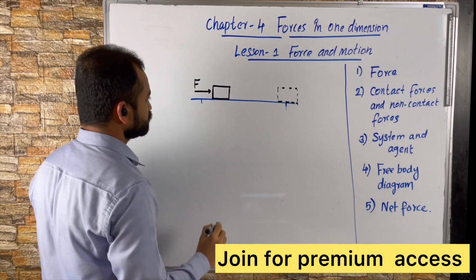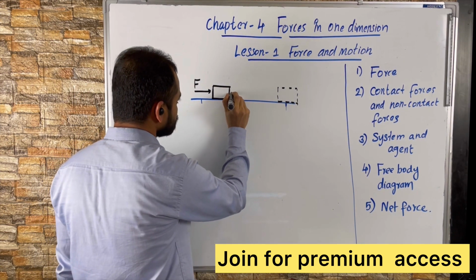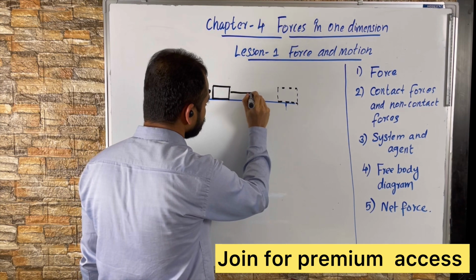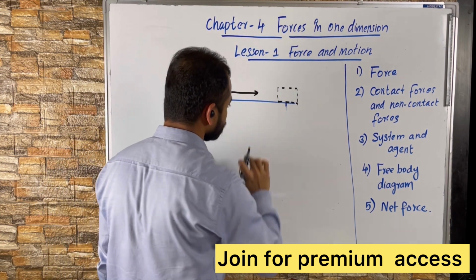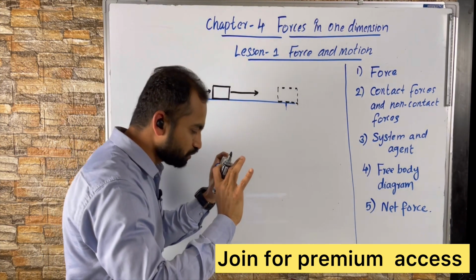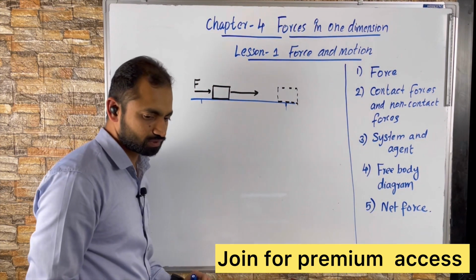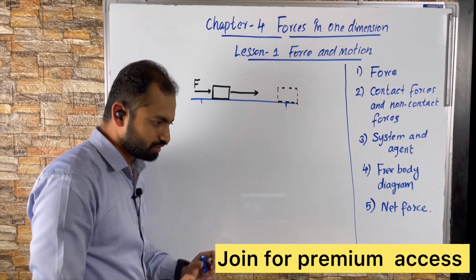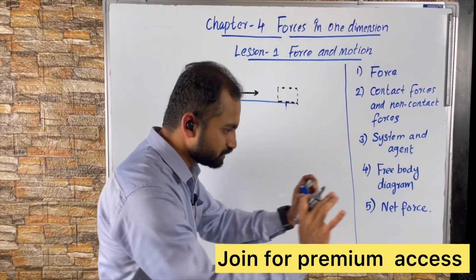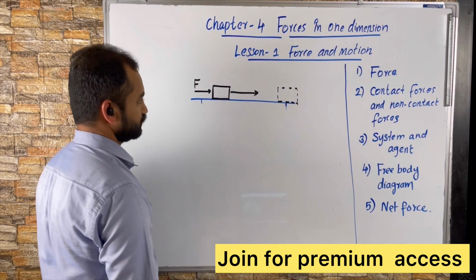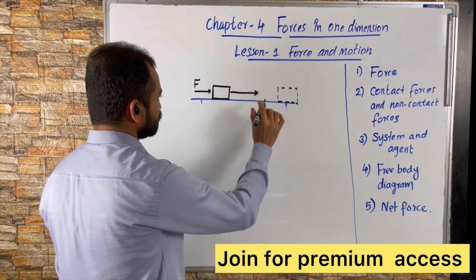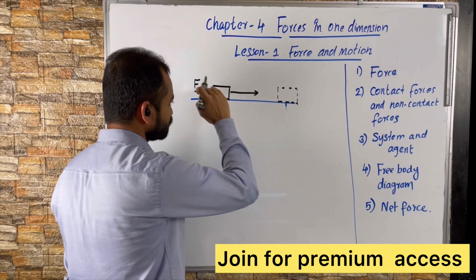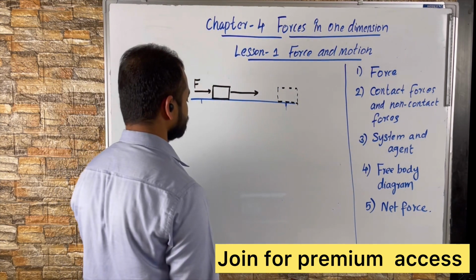So here you can see, in this case, force is acting only along this direction, right? You are applying force only along this direction, means you are applying force only to the right side, correct? You are applying force in one direction, to the right side. Or we can say you are applying the force in a horizontal direction.